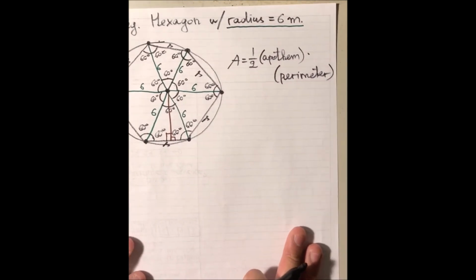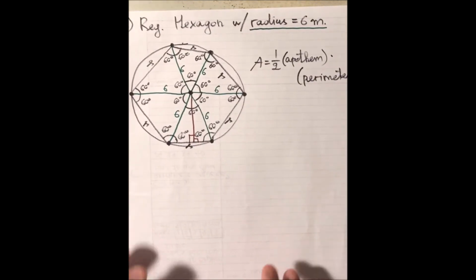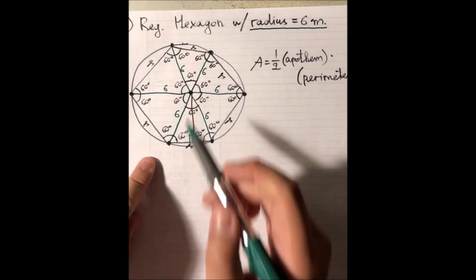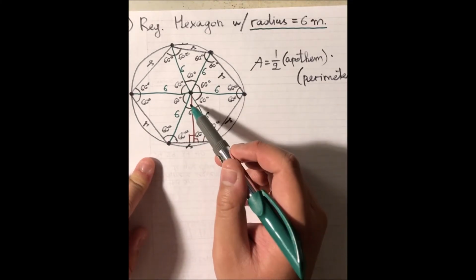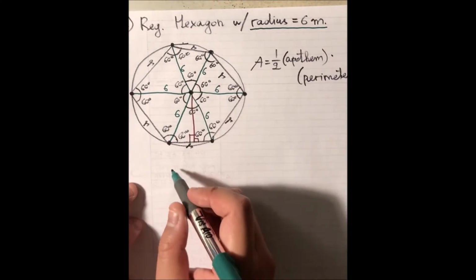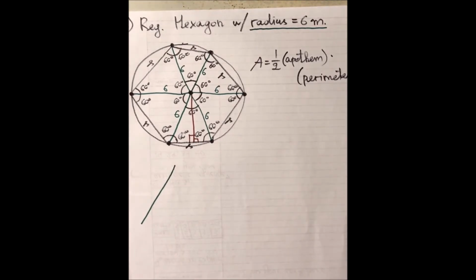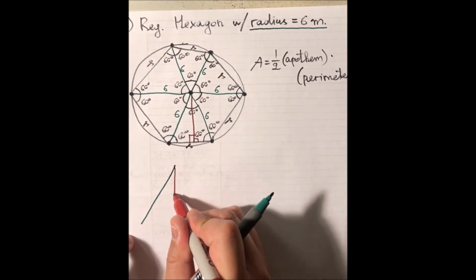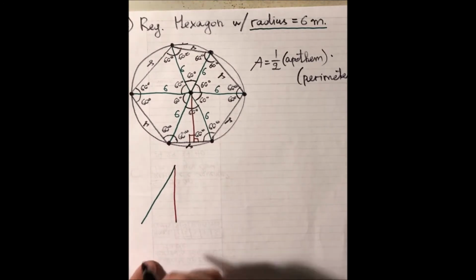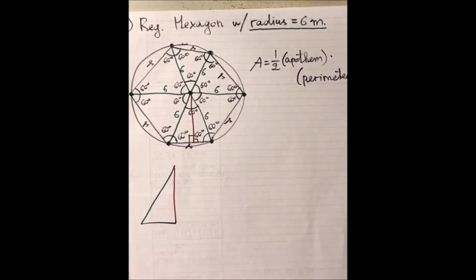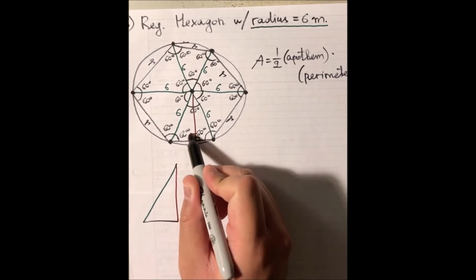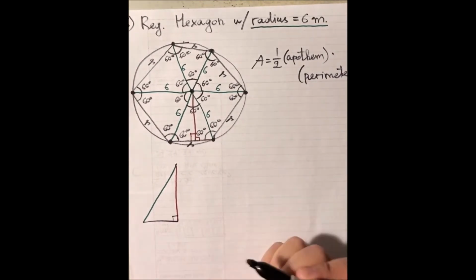To find the apothem using the 30, 60, 90 triangle property, I'm going to select the bottom triangle, which is this one right here, and select the left half, pulling it to the side so it looks something like this. Now this angle here is this one, 90.